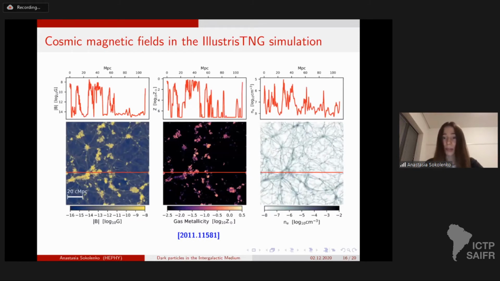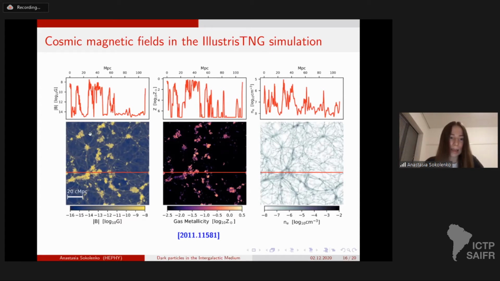We use the Illustris TNG simulation. Again, we need the electron number density, and you can see it here. But on top of that, we need the magnetic fields, and Illustris TNG describes magnetic fields quite well.